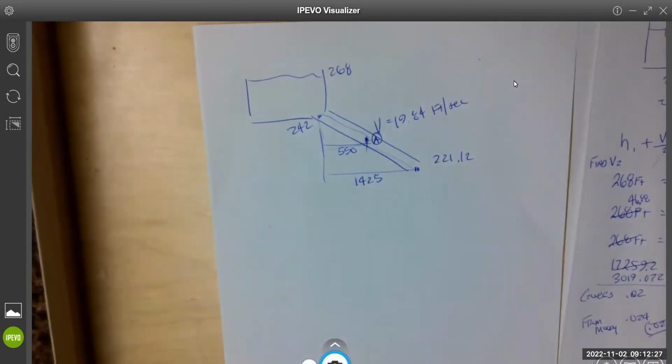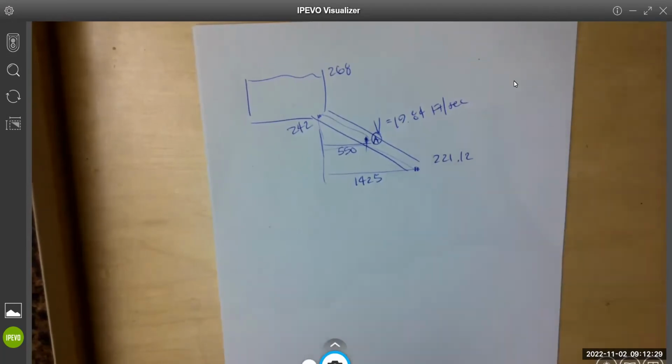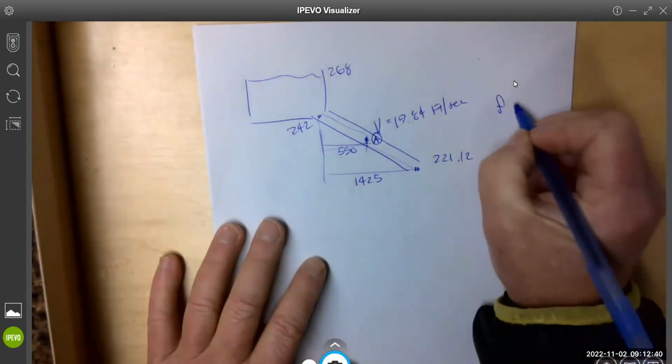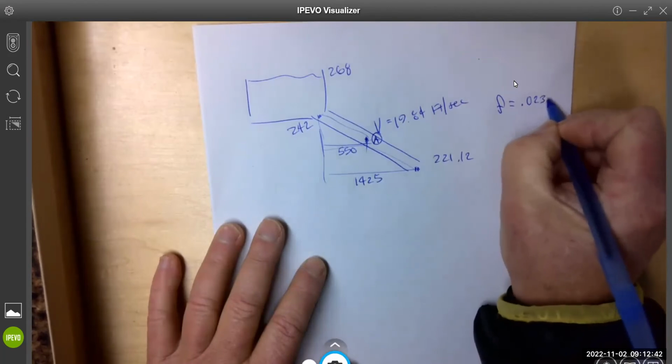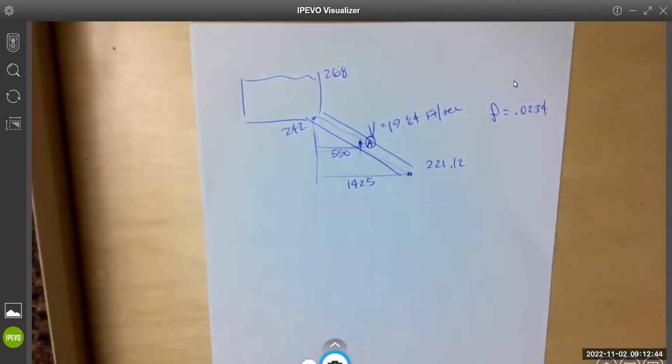That whole first part that we did, that was just to get the velocity. And it also gave us the friction factor, right? 0.0234. So we know our friction factor is 0.0234. We got that from that whole first part.